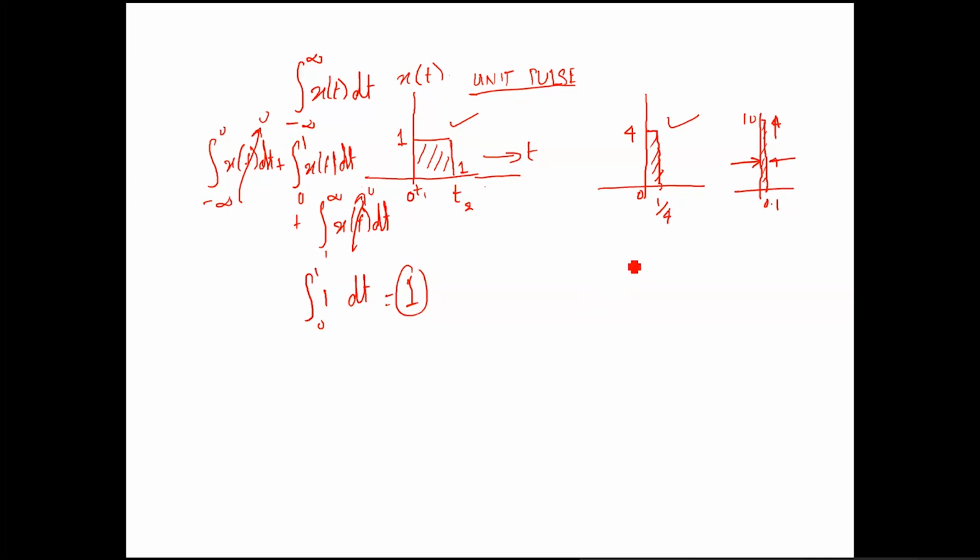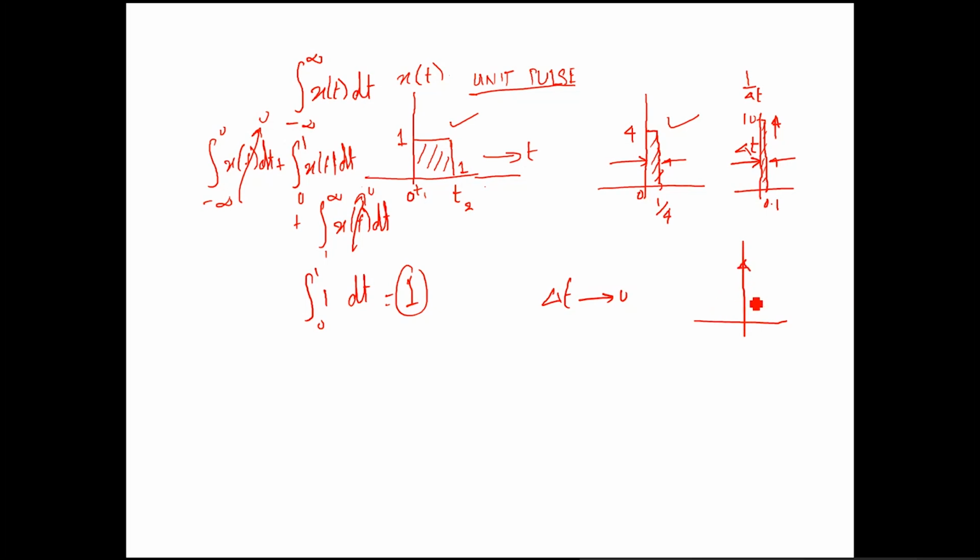Now, let's take a limiting case. Let's call this duration delta t. And the magnitude that we have will be 1 over delta t. Is that right? Now, if delta t becomes 0, if it becomes such a small duration that it becomes 0 duration, what will the magnitude become? The magnitude will become not almost, but exactly infinity.